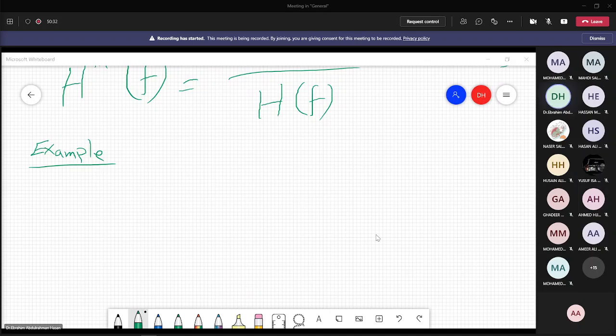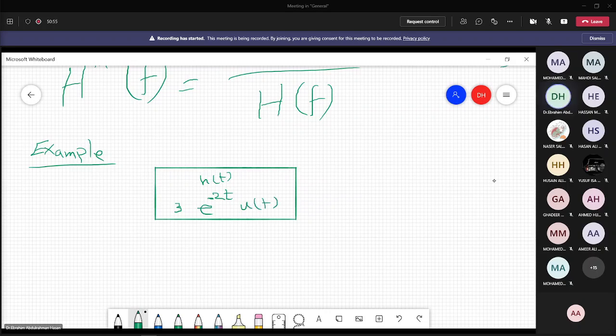Let's see an example here. Suppose I have a system h(t) equal to this, and I have x(t), which is equal to this.